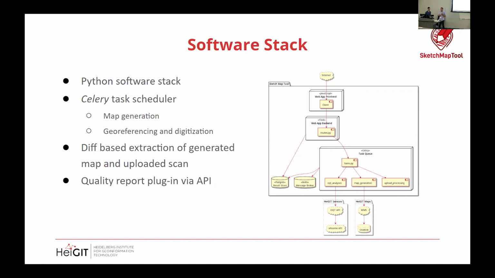Maybe some brief words about how the automatic extraction of annotations happens. Charlie will walk you through that in detail, but basically you create the extent you're interested in, you download your PDF map, you get a QR code, and you save it also in our database. Later when you upload it, the QR code is matched again, and then a diff is created between your scan and the original map.